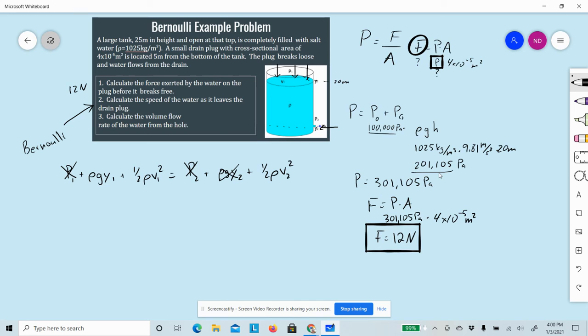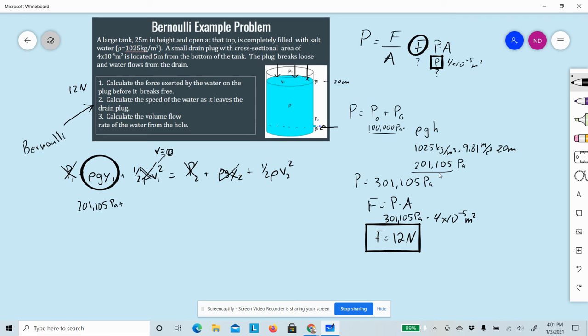Well, we just figured out rho g y1 over here was 201,105 pascals, plus we're going to assume the water up here is motionless. It has no velocity. So that means this goes to 0. Velocity equals 0. If the velocity equals 0, that whole thing goes to 0.